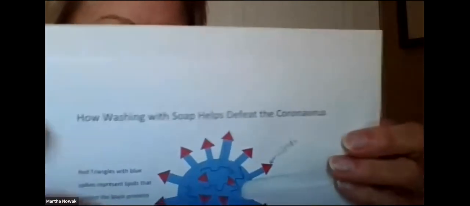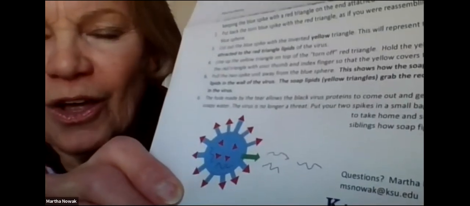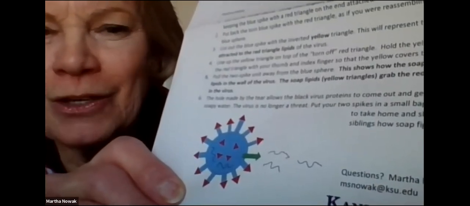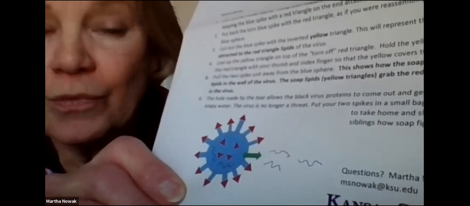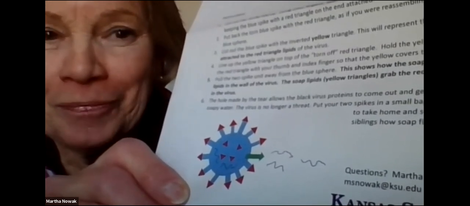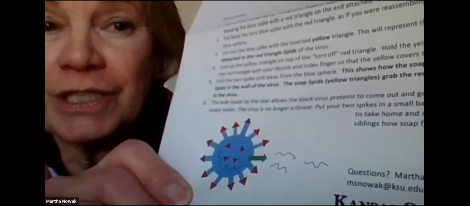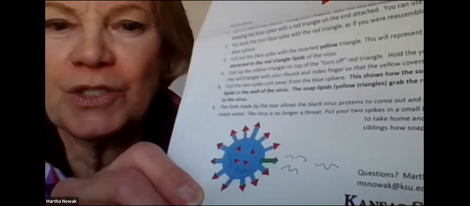And what happens is all that inside, all those little black wormy things are the things that will reproduce the virus in your body. And the soap actually tears the virus apart and lets those black things swim out into the wastewater with your soap, and it goes out into the water and it doesn't enter your body.